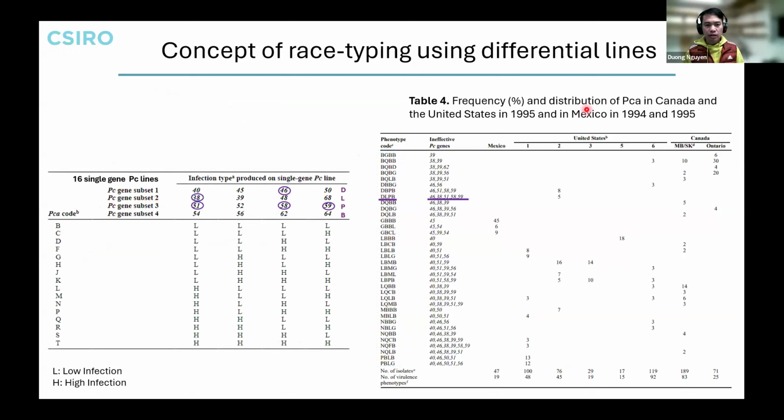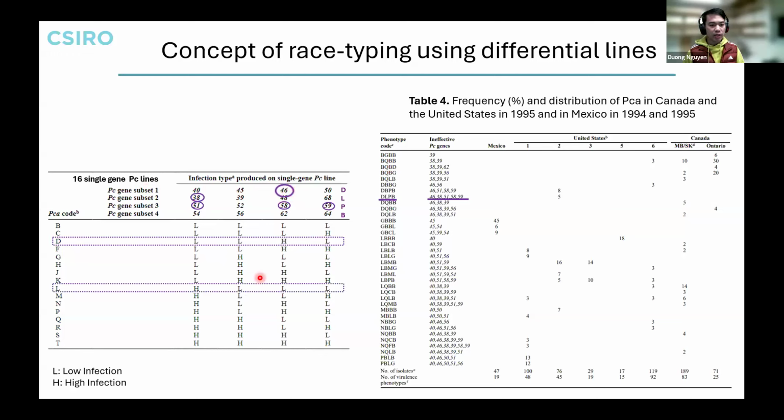The 16 single gene Pc lines were divided into 4 subsets. The letter D was assigned based on the virulence profile of Pc gene subset 1, in which only Pc46 was ineffective.